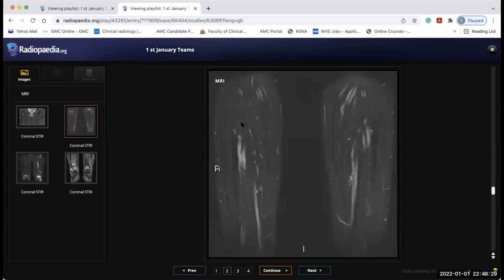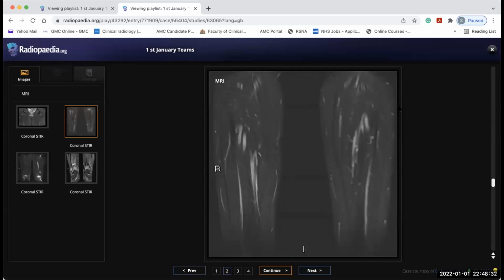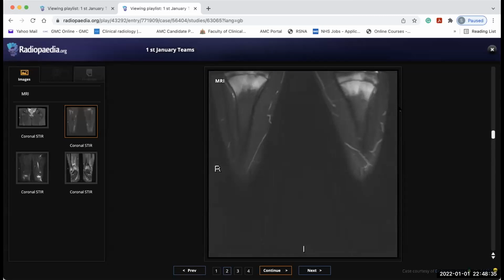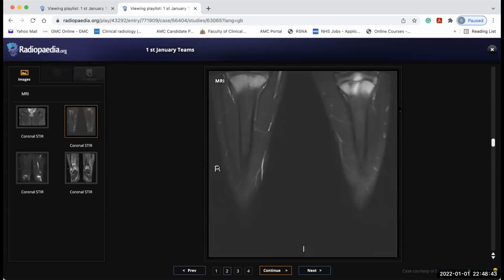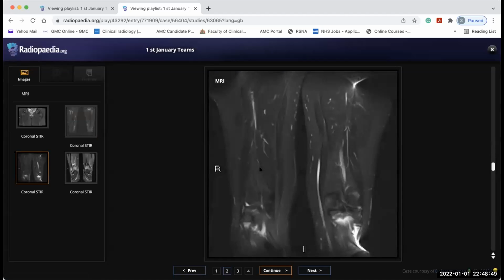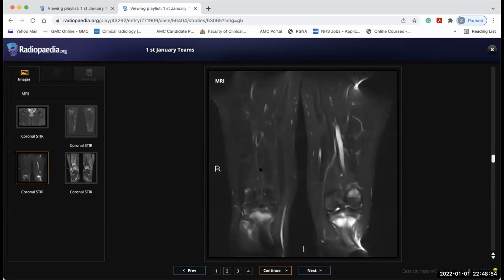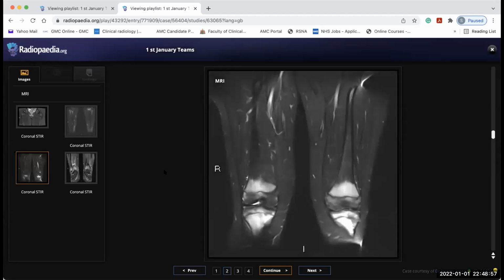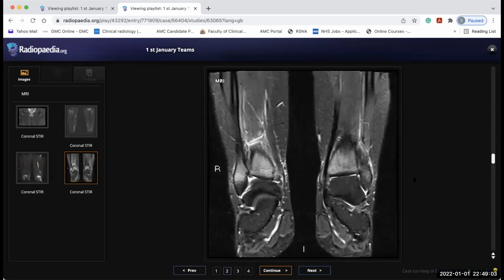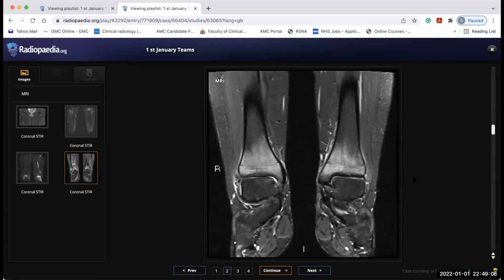The metaphysis of bilateral tibia shows high intensity on the STIR image, and similarly the epiphyseal region of bilateral tibia also shows high intensity. Bilateral femoral and tibial epiphysis show high intensity, and the lower end of distal tibia and fibula also shows high intensity.